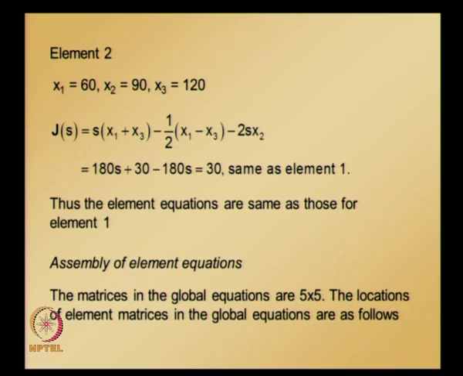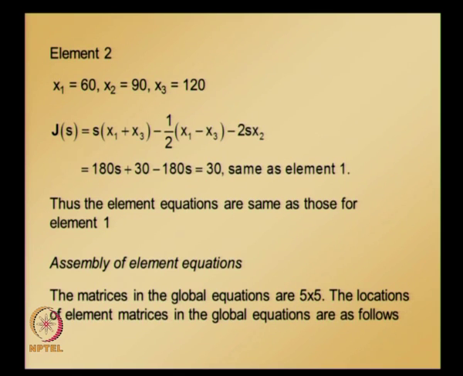Element 1 contribution goes into 1, 2, 3 rows and columns, because element 1 comprises nodes 1, 2, 3, and element 2 contribution goes into 3, 4, 5 rows and columns, because element 2 comprises nodes 3, 4, 5.